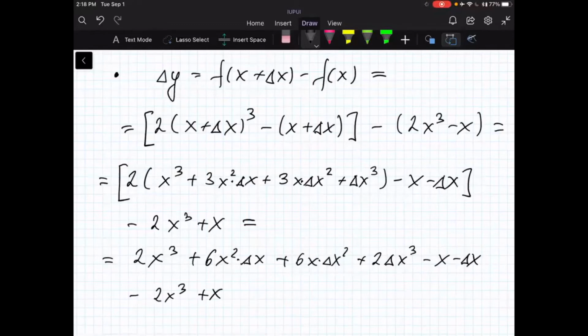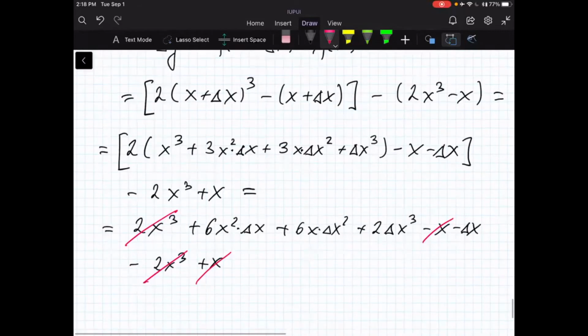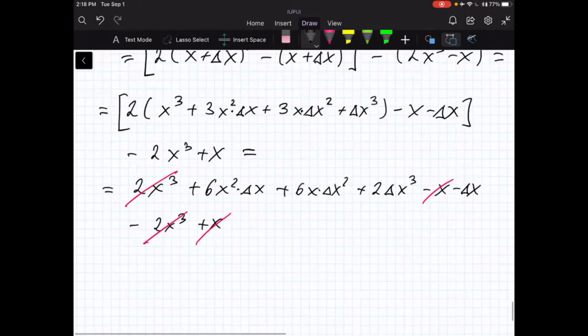And again, I see some cancellations. For example, 2x cubed and 2x cubed, and x and x. Also I can combine the terms. So in general, it's also a good step to combine your expression in powers of delta x.